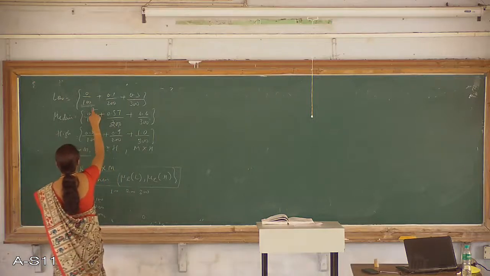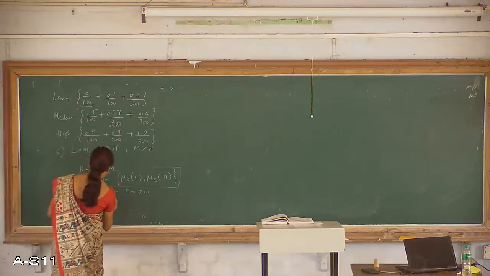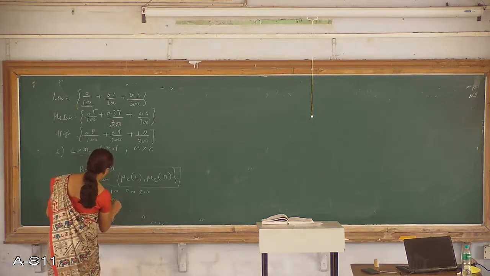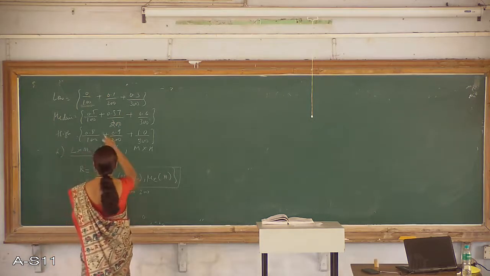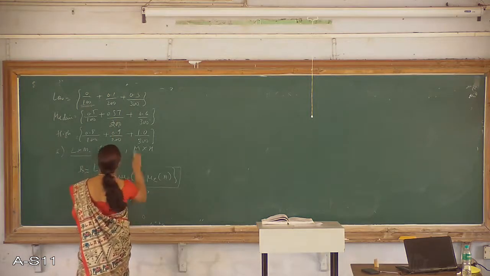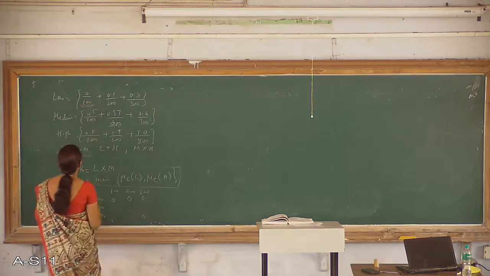Here the minimum value among these two will be, you have 0 and 0.5, so it is 0. 100 with 200, it is 0 again. 100, 300, it is 0 again, because this is the minimum value we have with low.